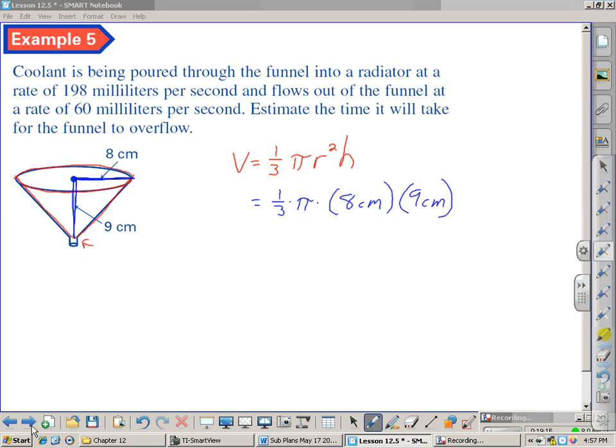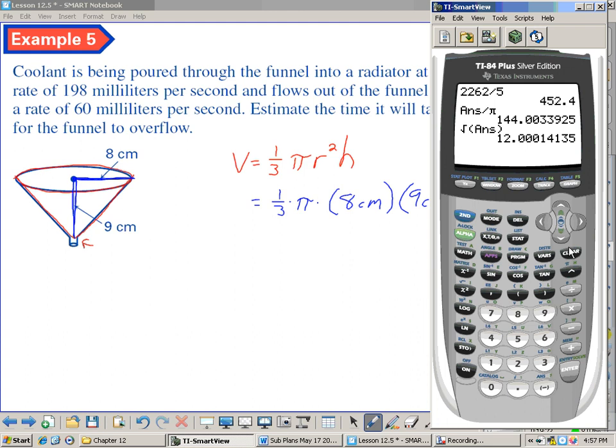We could type all this in our calculator. It might be good to know that 1/3 of 9 is 3, 3 times 8 is 24, so really the answer is 24 pi, but again, we don't want just 24 pi, so I'll show you that it's going to be the same thing. But really, we have 1/3 times pi times 8 times 9.